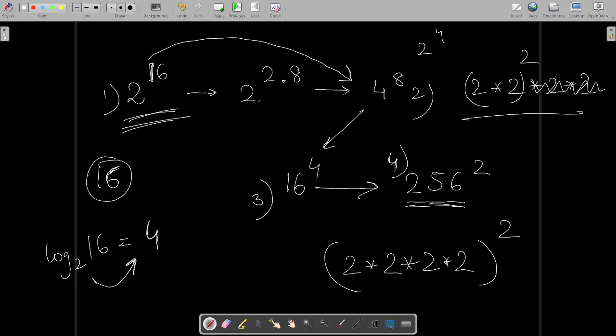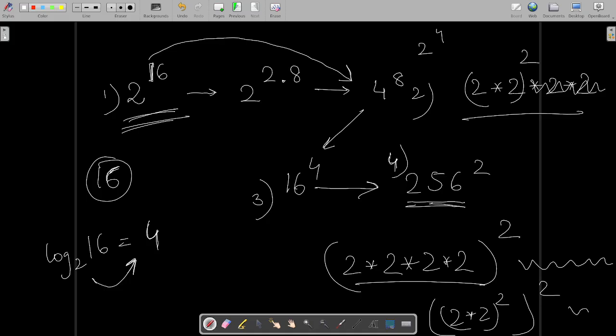You squared this, you remove the redundant operation here, and you can again capitalize on this. You can do 2 into 2 squared and remove the latter part and square, and again capitalize on this. So do you realize how I'm compressing the exponentiation? So this is basically binary exponentiation. I hope you get the intuition.